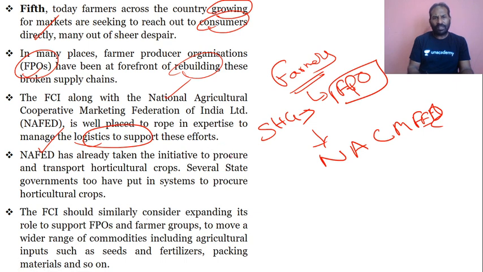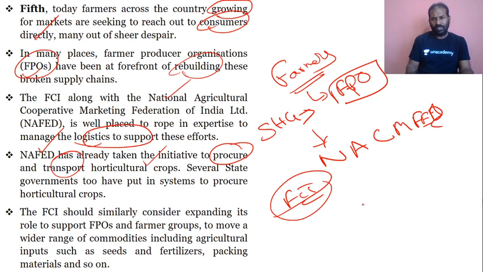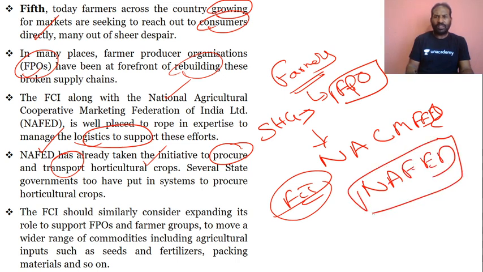NAFED has also taken the initiative to procure whenever there is a shortage, not only for the FCI's procurement of food grains, but it will also procure and transport horticultural crops. NAFED has a prominent role in procuring and transporting horticultural crops.